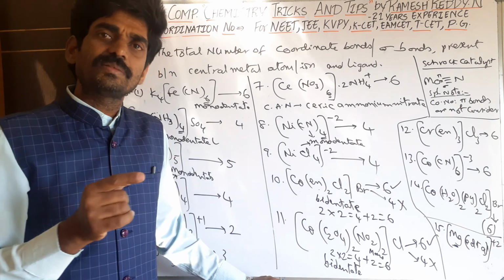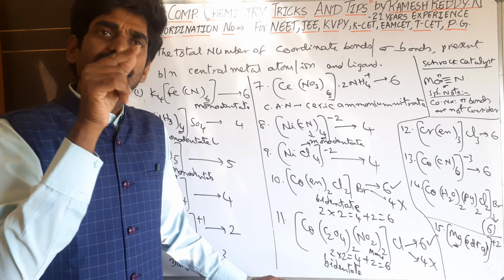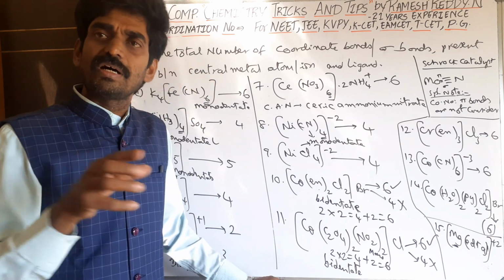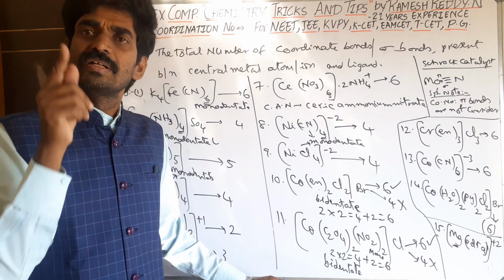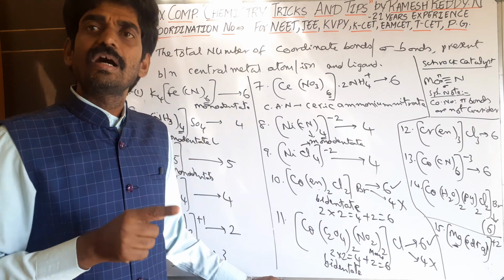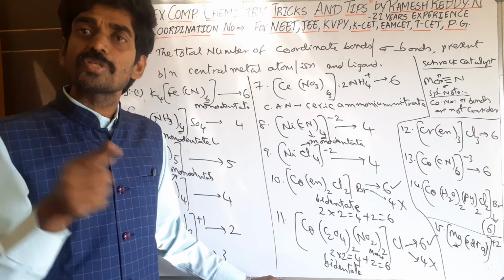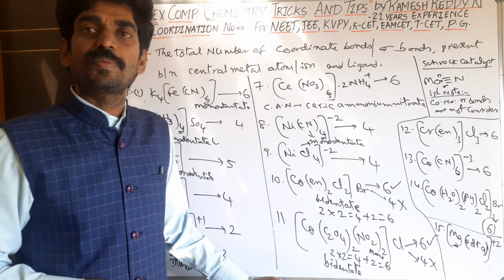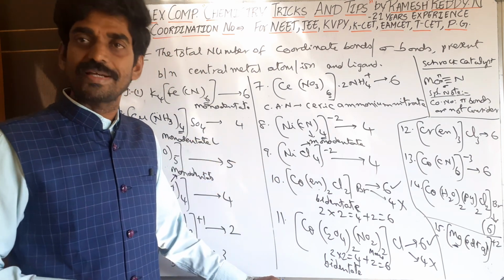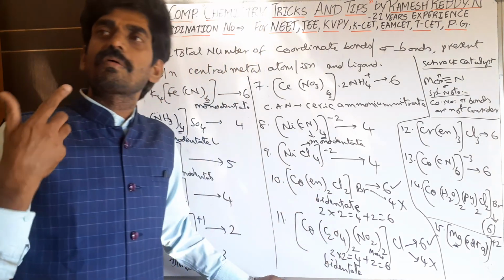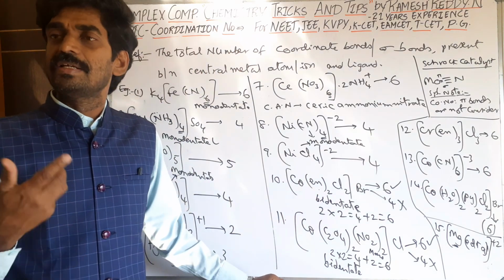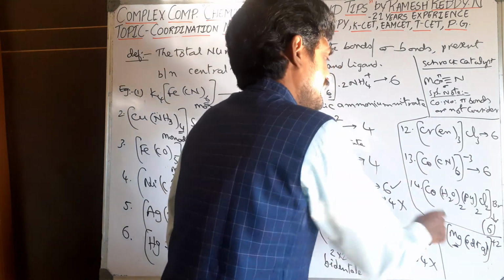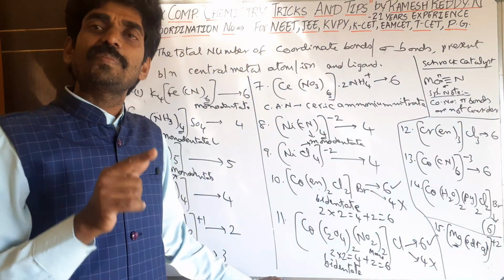In most cases the central metal atom is a d-block or f-block metal, but in some complex compounds, s-block elements and p-block elements also act as the central metal atom. So here magnesium is a central metal atom. It is an s-block element, right? Aluminum is also there as a central metal atom in complex compounds. Like that.